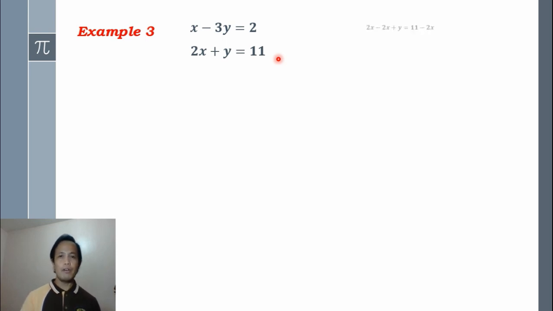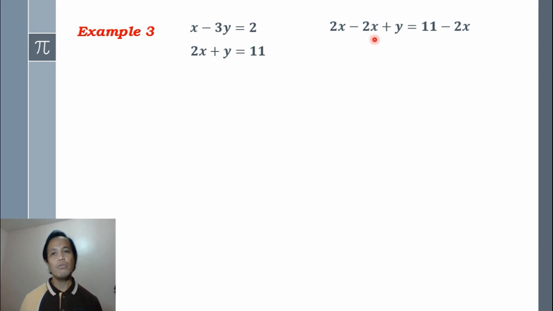For this example, we will use equation 2. In this case, we have 2x plus y equals 11. We will subtract 2x so that we can cancel this out. Since we subtracted 2x at the left side, we will also subtract 2x at the right side. That is by the subtraction property of equality.